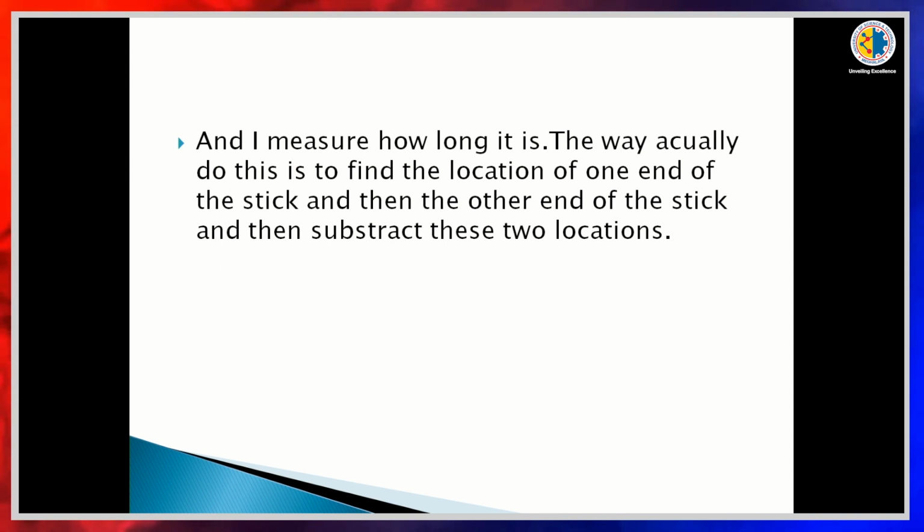The way to actually do this is to find the location of one end of the stick and then the other end, and then subtract these two locations. So first we need to find the initial point, then the final point, then after subtraction we get the exact length of the rod.